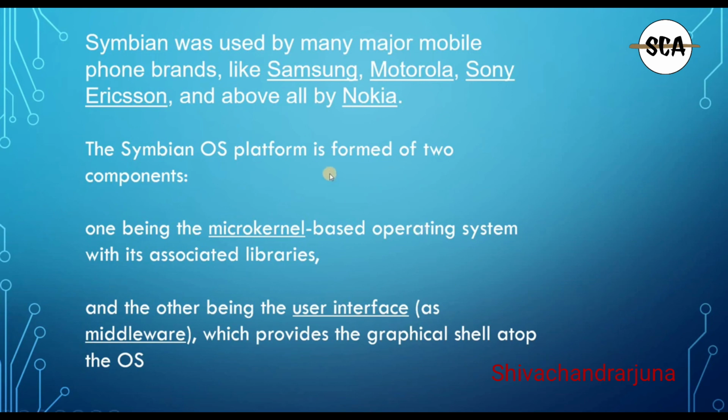The Symbian OS platform is formed of two components, one being a microkernel based operating system with its associated libraries, and the other being the user interface as a middleware which provides the graphical shell atop the operating system.